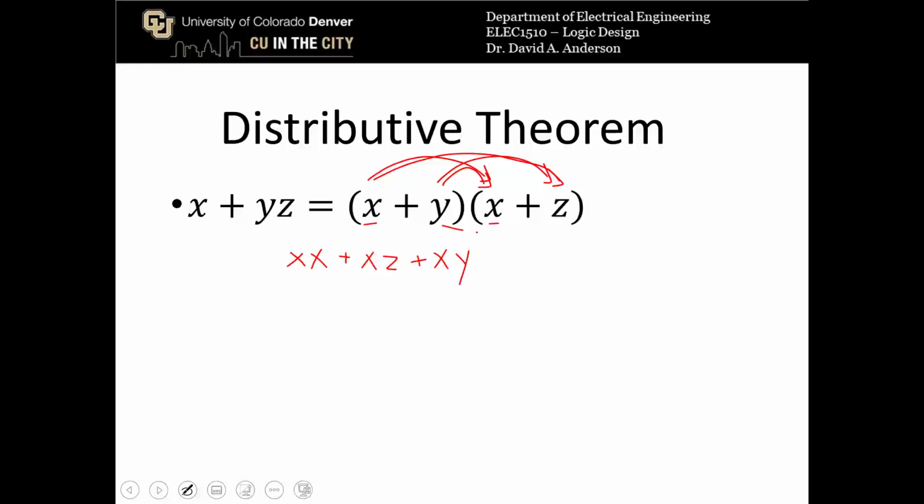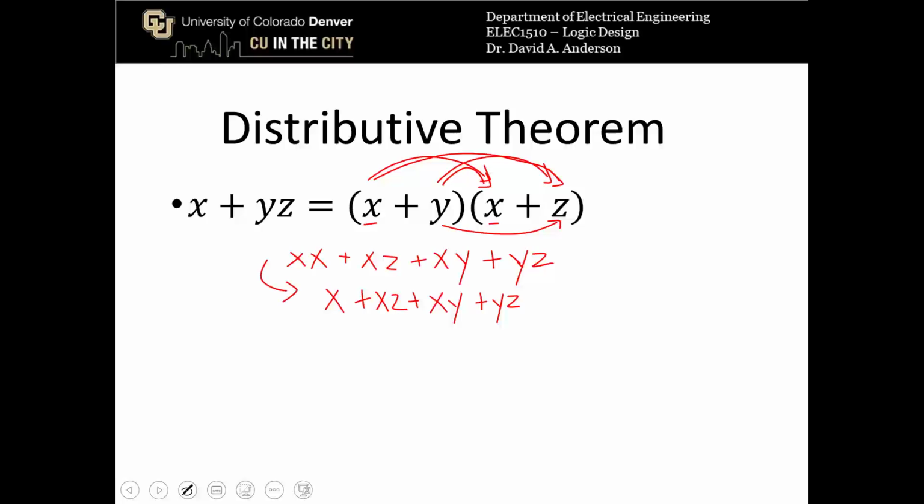Then the last terms, plus y times z. Okay, so we know from Lecture 4 Video 1 that x times x is just equal to x. So x plus xz plus xy plus yz is a simplification of this first term.